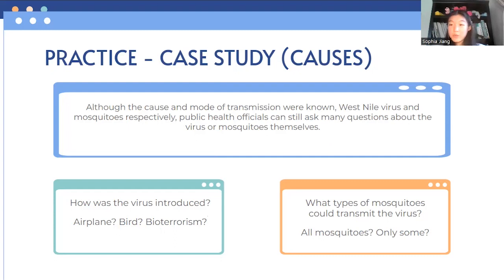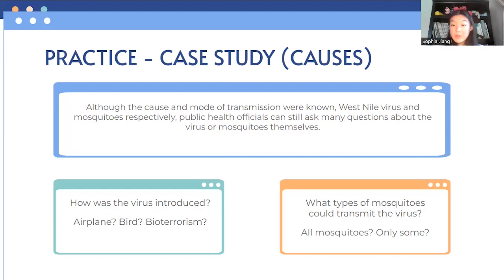If the virus had never been seen before in North America, and North America is surrounded by all of these oceans where it's nearly impossible for viruses to survive because there's just no people out there, we gotta ask, how was the virus introduced? Was it from someone who visited an area where they did have this virus and they carried it back to North America, or was it by a bird that flew over the ocean? Or was it bioterrorism? Was this an intentional spread of the disease?